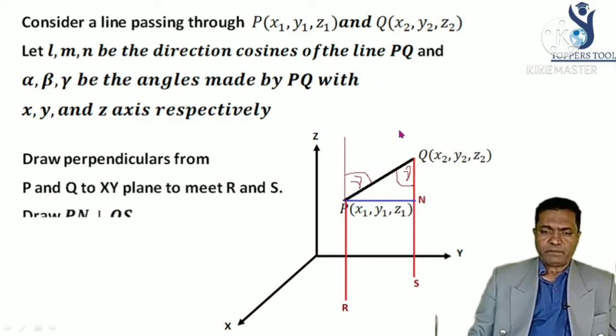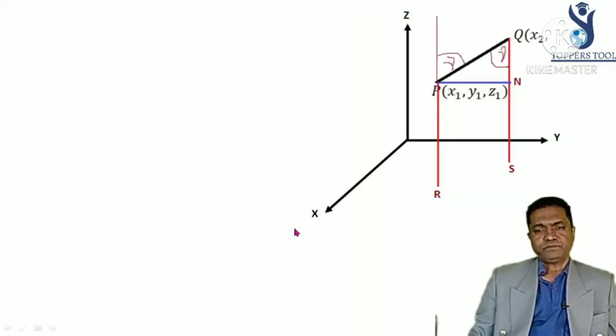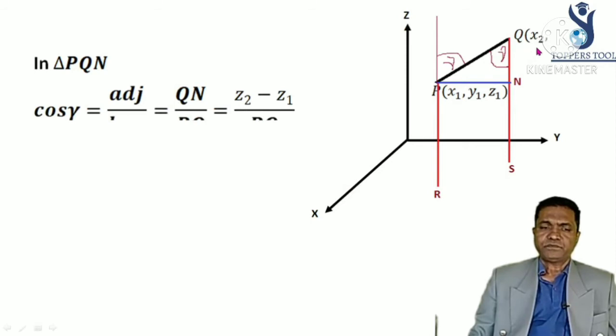Okay, now see what will happen. We have drawn perpendiculars from P and Q on the plane and Pn perpendicular to QS. So this is the explanation. Let's look at this triangle PQN. So what is cos of this angle? In triangle PQN, cos of gamma is adjacent by hypotenuse, that we know.